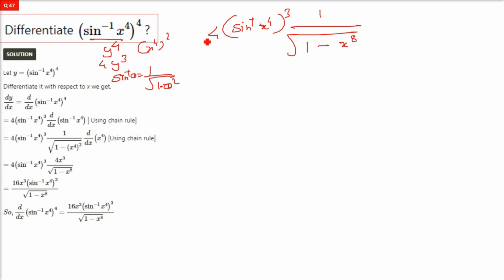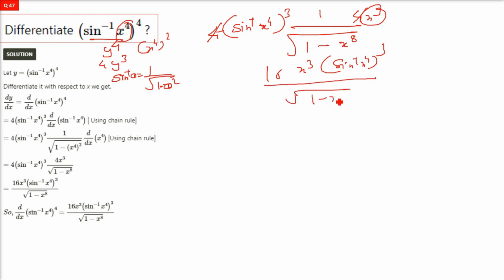Now differentiation of x to the power 4, because we are using the chain rule, has to be applied: 4x cube it will be. So what is the final answer? 4 fours are 16, x cube, then sine inverse x to the power 4, to the power 3, and in the denominator you have under root 1 minus x to the power 8. This is your final answer.